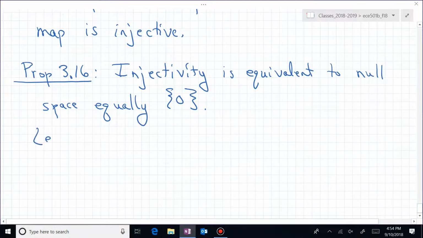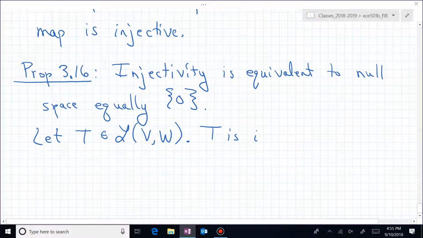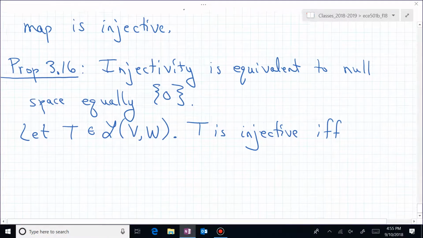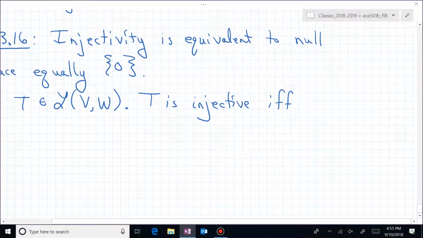Now here's the proposition. Let T be a linear map from V to W. T is in fact injective, IFF, we're texting now, so we're trying to be efficient with our keystrokes. This is really just the notation for if and only if.